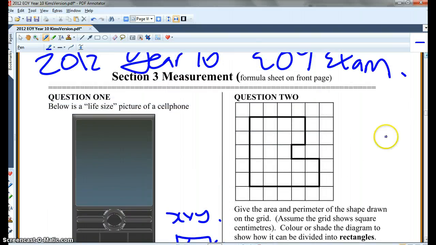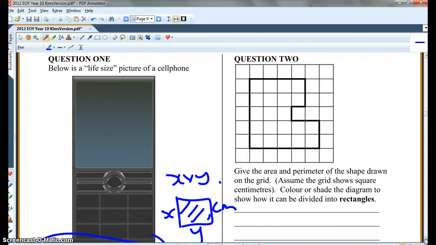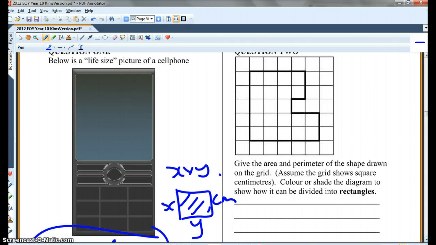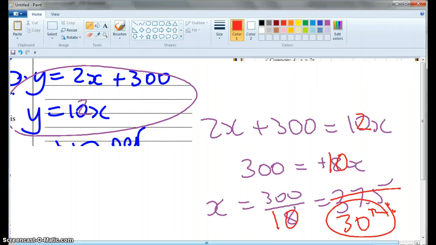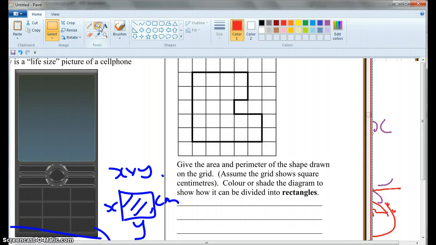Okay, question 2. Give the area and perimeter of the shape drawn on the grid. Assume the grid shows square centimetres. Okay, I'm just going to pop that into paint. Now this here is a square centimetre.